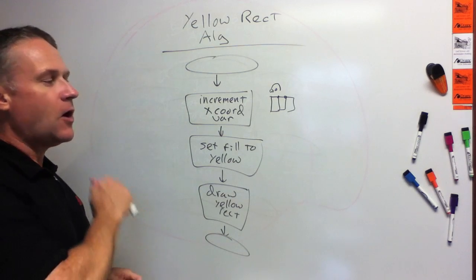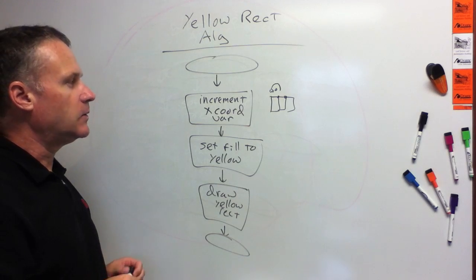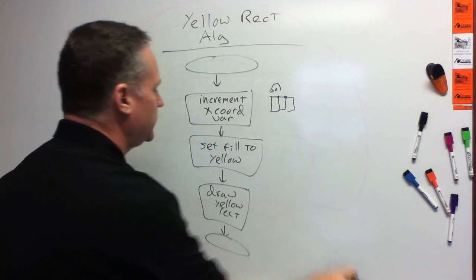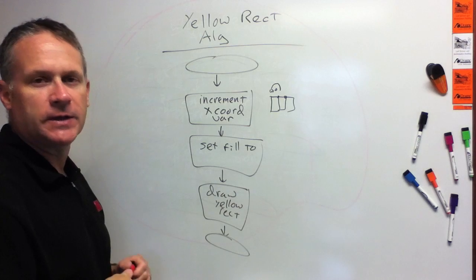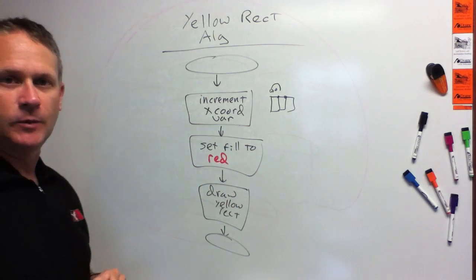And then for all of the other rectangles, the other 5 colored rectangles, I would have the same exact algorithm, I would just change the color here to whatever color I was trying to draw. So perhaps it's the red rectangle. It would be exactly the same, okay?